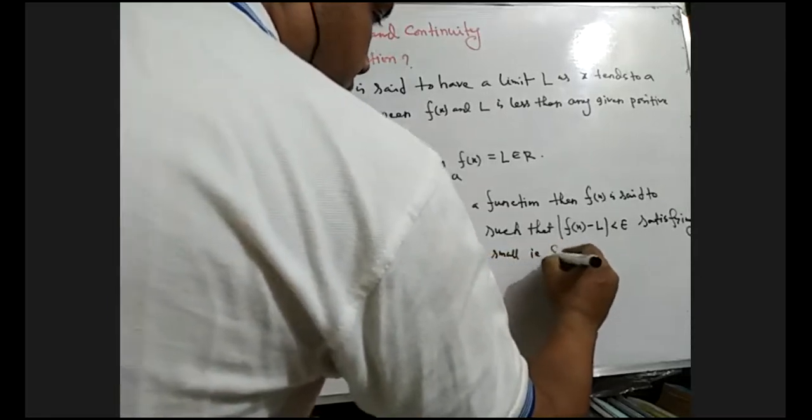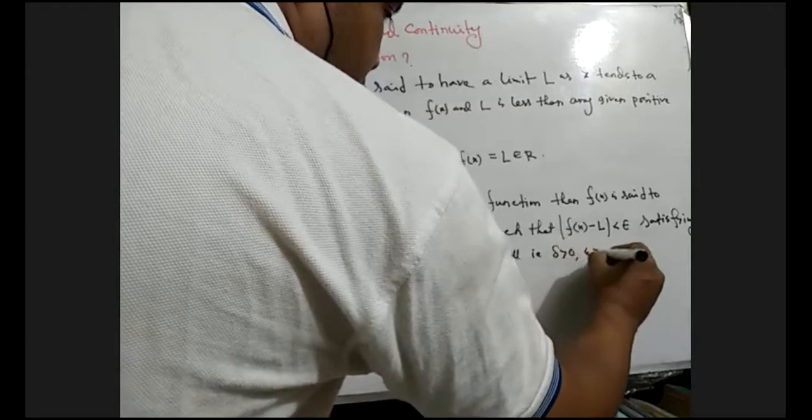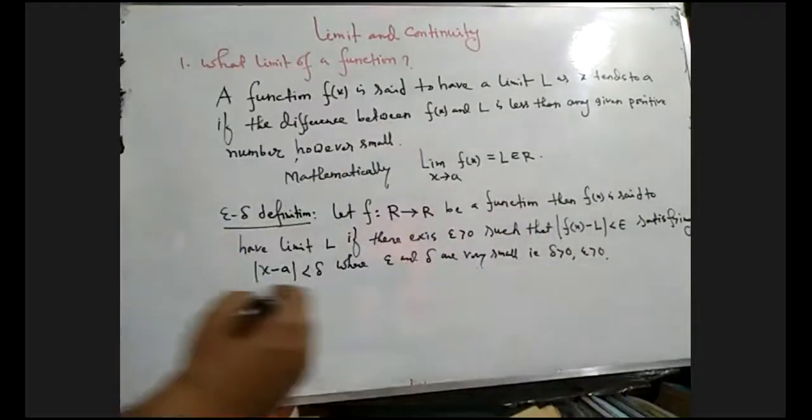That is, delta greater than 0 and epsilon also greater than 0.